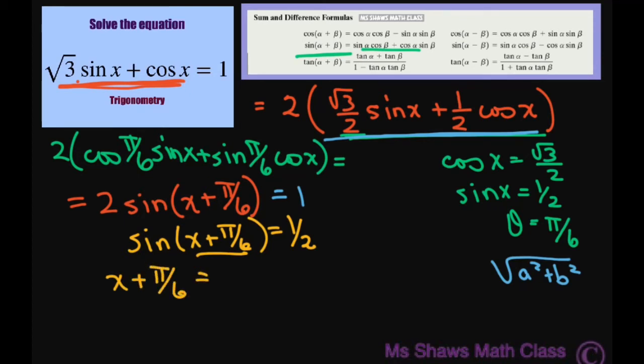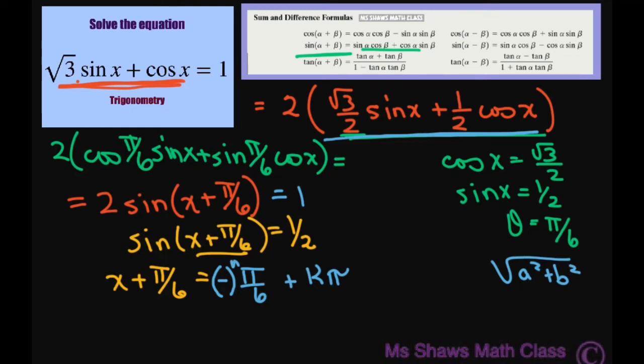Now, what this is going to be is pi divided by 6 plus k pi, because we have to get all solutions. And also we have to consider all the negatives and the positives.